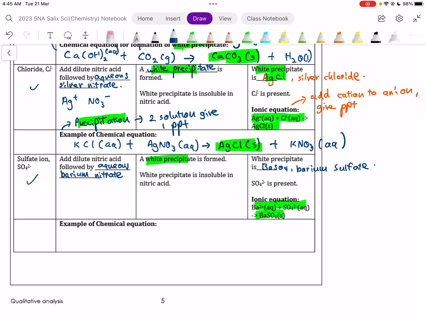Now let's think of a solution with sulfate. Maybe iron(II) sulfate, quite a common one. Iron(II) sulfate, sulfate is SO4 2 minus, then you plus your barium nitrate.